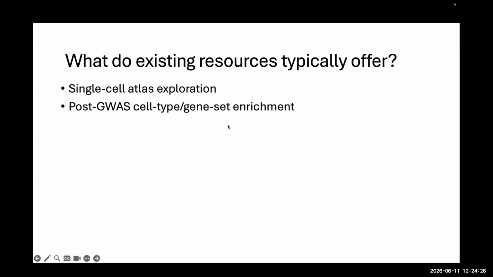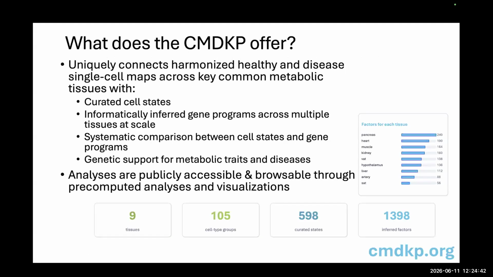So how is this different from what existing resources typically offer? Existing resources usually offer single cell atlas exploration of various types, and they do this quite well. They also offer various post-GWAS cell type and gene set enrichment analyses. Now, this feature is unique in that it connects harmonized healthy and disease single cell maps across key common metabolic tissues with a number of things.